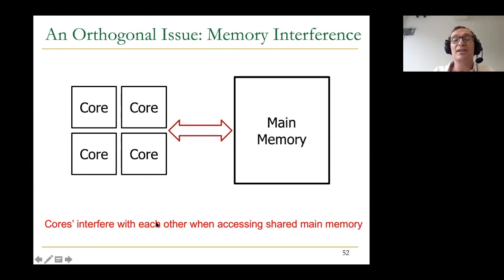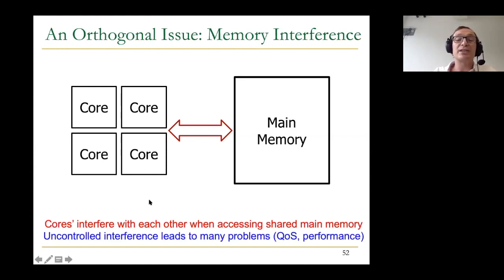And because they share the medium, they interfere with each other when they access shared main memory. And as a result, they can deny service to each other, they can cause unfairness, they can violate each other's latency guarantees, bandwidth guarantees, performance guarantees, etc. So there are many issues here as we discussed with memory performance attacks.